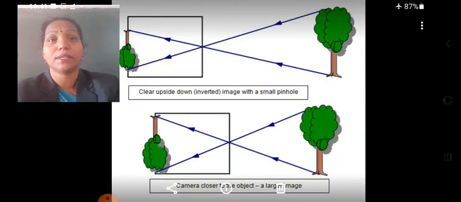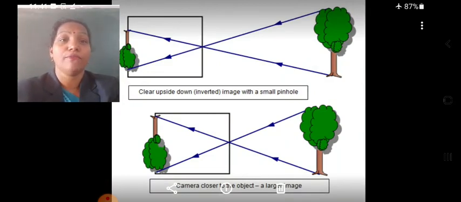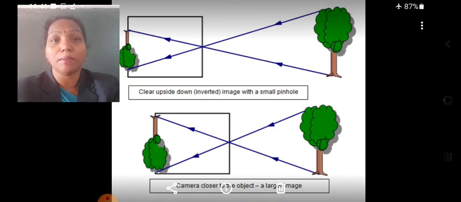Now students, the rectilinear propagation of light has the following effects. Here, a pinhole camera makes an image with the rectilinear propagation of light.